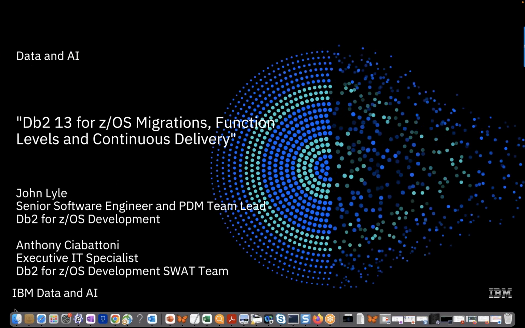As most of you probably already heard, we announced GA for DB2 version 13 a couple, three weeks ago. So it's going to become GA here at the end of the month, early into June. Our goal, John and I's goal here, is to ultimately get you to the point where you're ready for DB2 13.